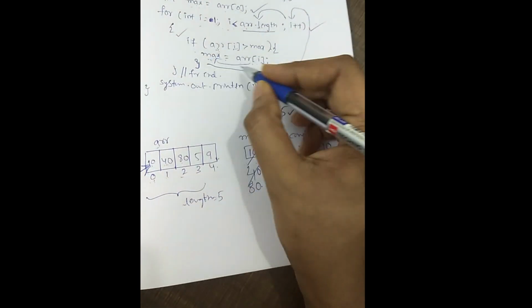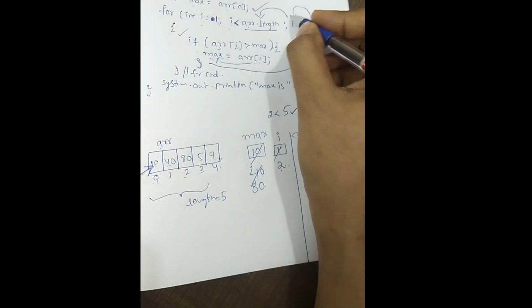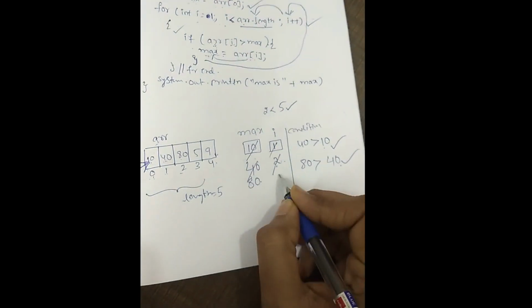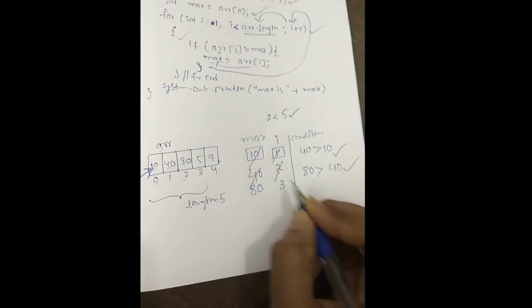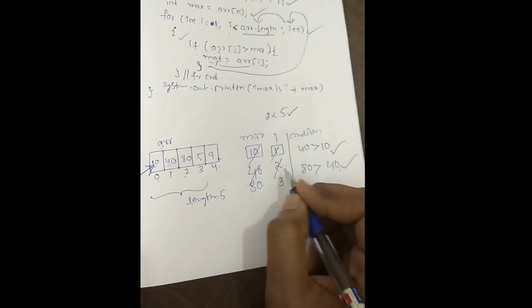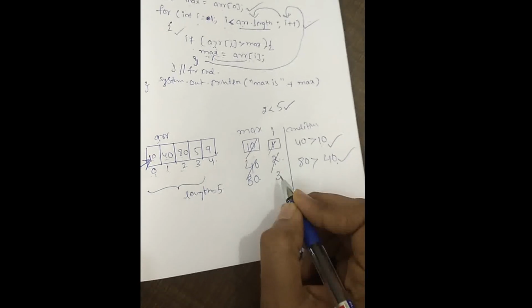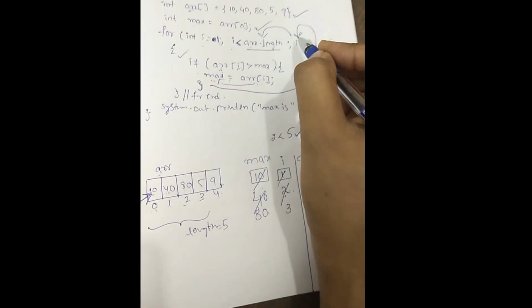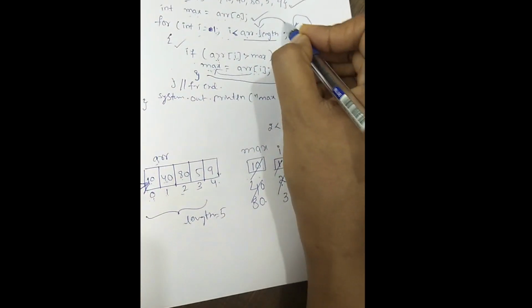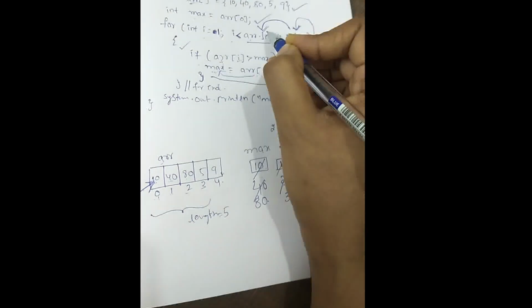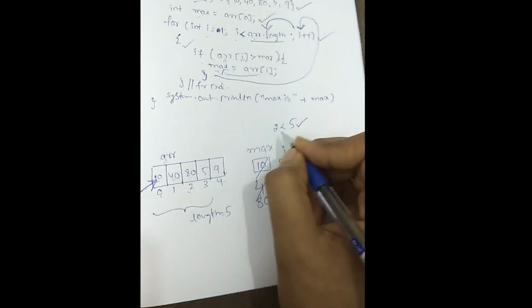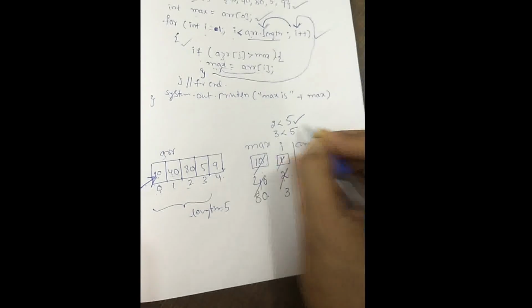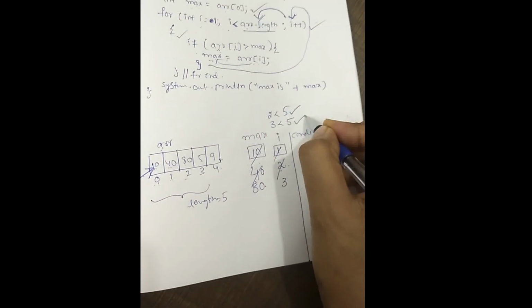And again go to the i plus plus. We have to remove the 2 like this, and next give the i value as 3. Next, the condition execution here. i value 3 less than 5, right? Condition satisfied.